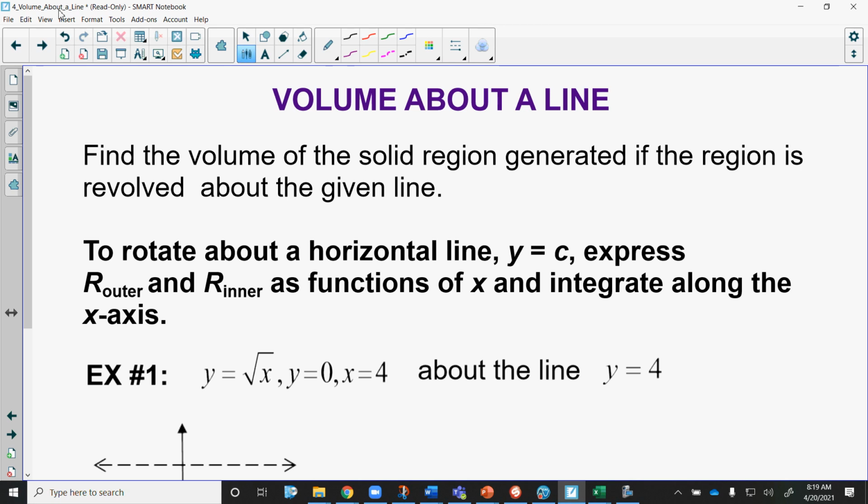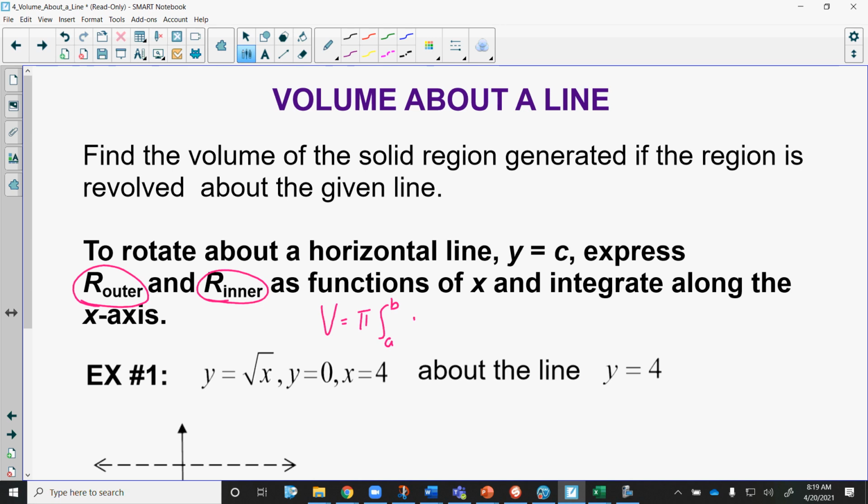Just like with the washer method in the previous lesson, we had an outer radius and an inner radius. The way that we determined the volume of a figure at that point is we would say the volume was equal to pi, pulled out as a constant, times the integral from a to b, whether you're on the x-axis or the y-axis, we have to have our interval.